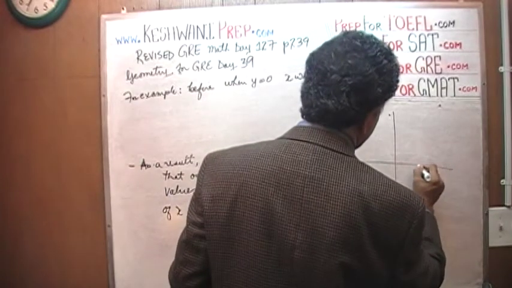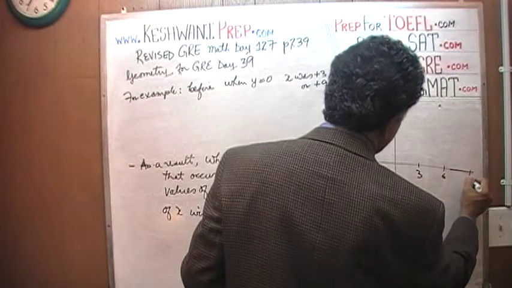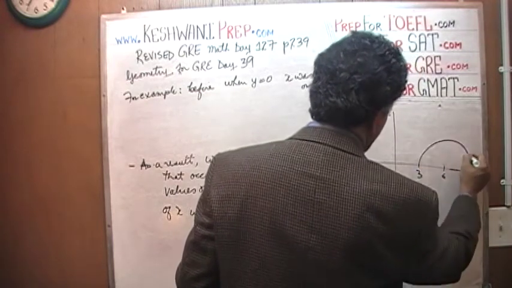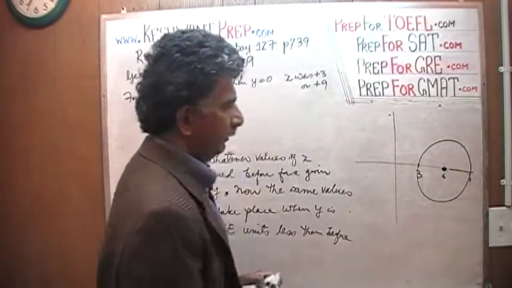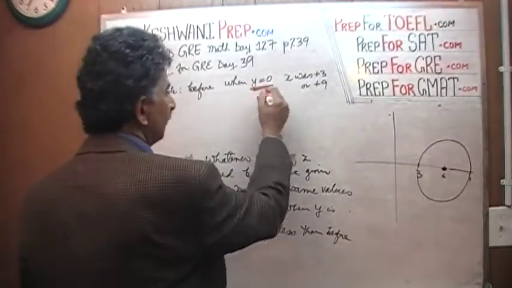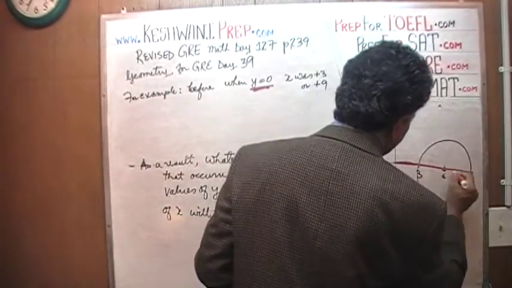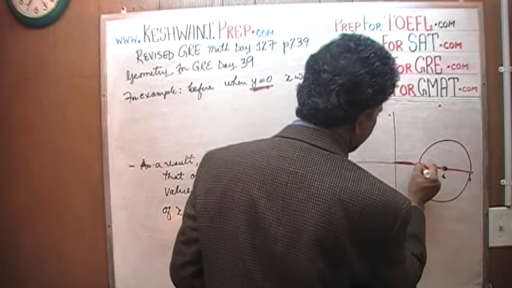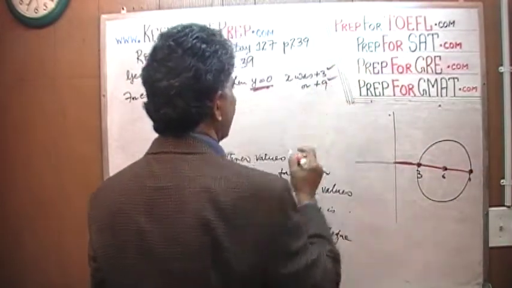It is sitting at 6. This is 3, this is 6, this is 9, it's sitting here at the center of 6. Now, when y is 0, y is 0 along the x-axis. When y is 0, x was either 3 or 9. As you can see, x was either 3 or 9.